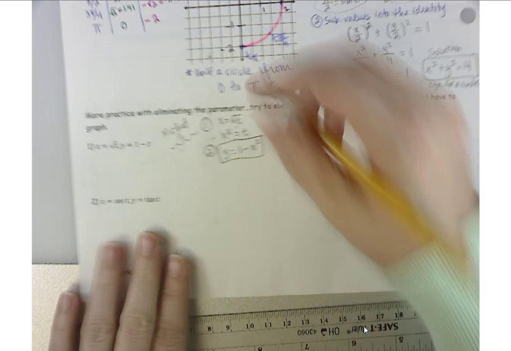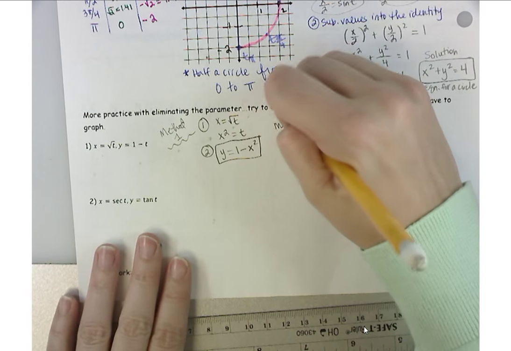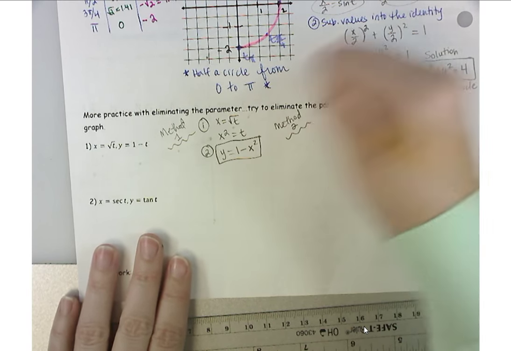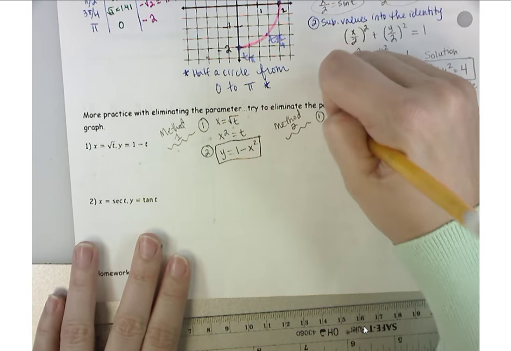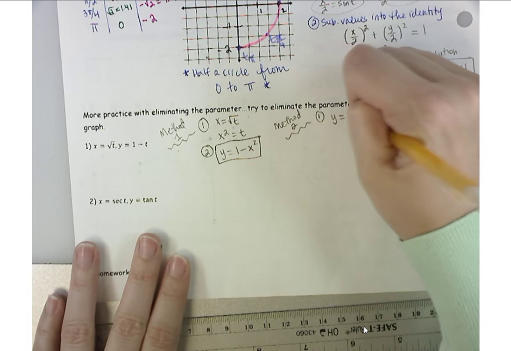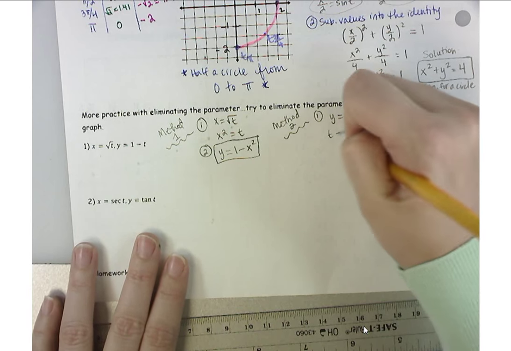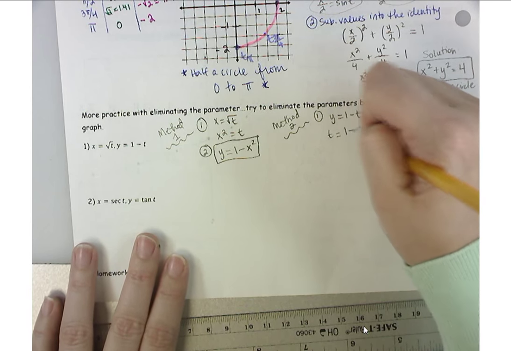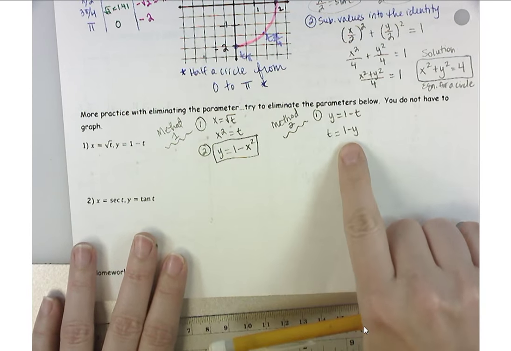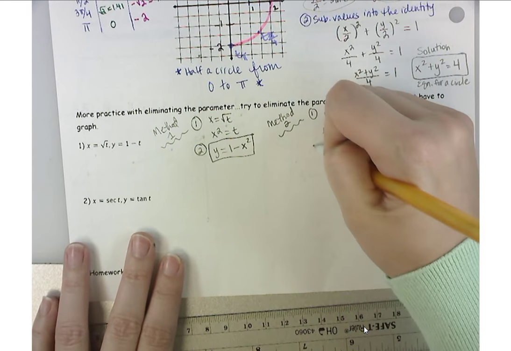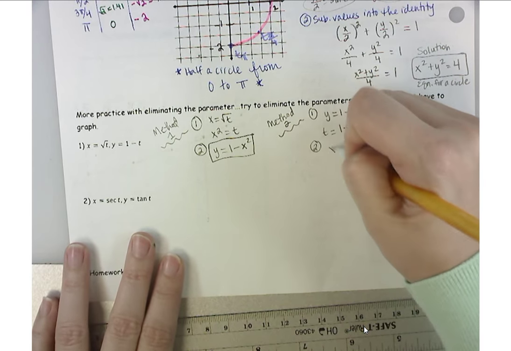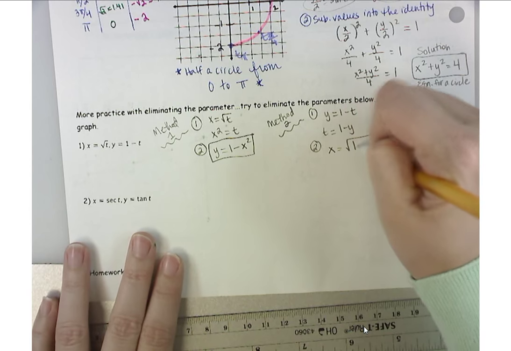Okay, so if you did method 2, then your first step would be solving y equals 1 minus t. What I would do is add t to this side, and then subtract y, so t would equal 1 minus y. And then in step 2, you would have x equals the square root of 1 minus y.